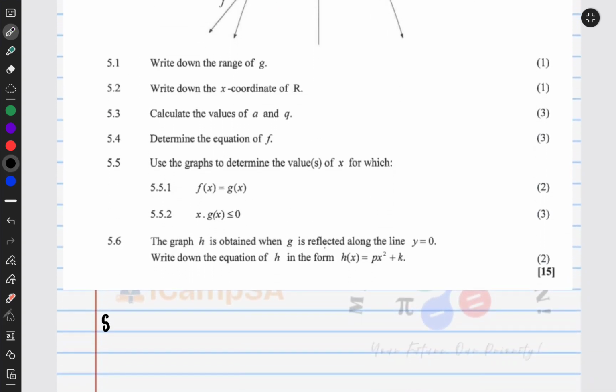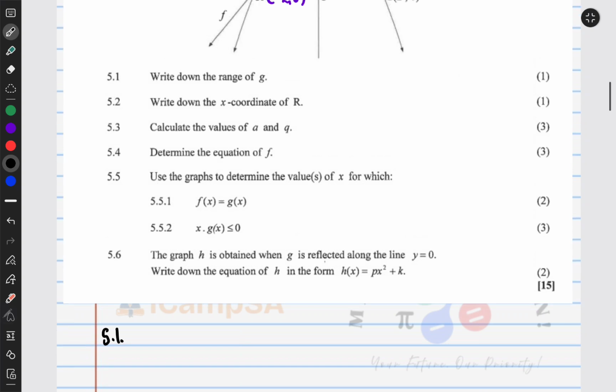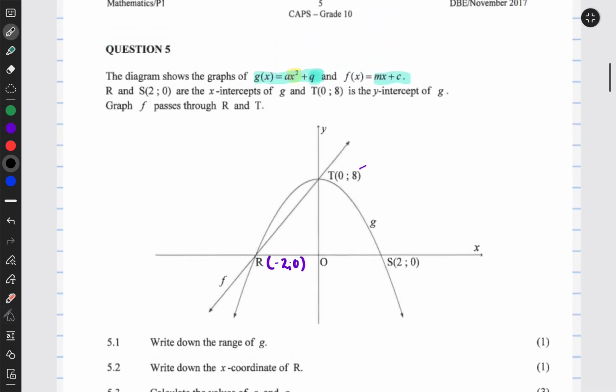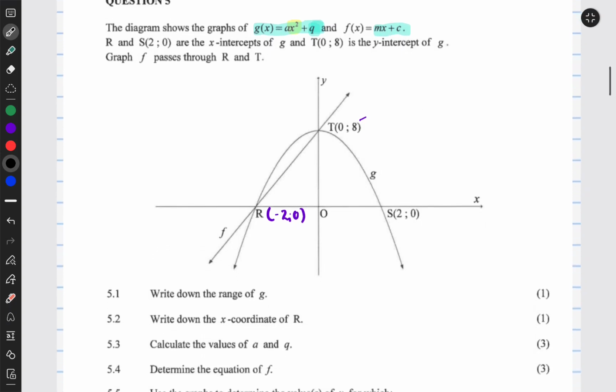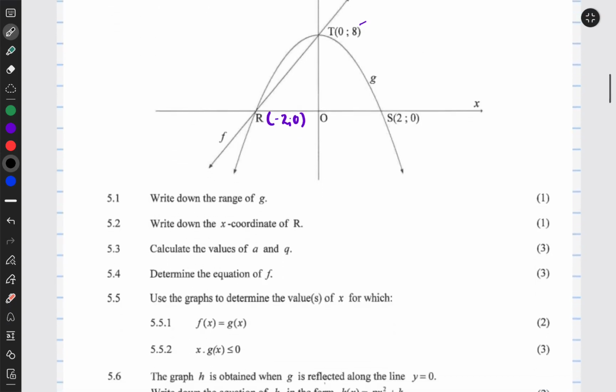For 5.1, we are asked to write down the range of g. As we can see, the function goes from 8 downward to negative infinity.